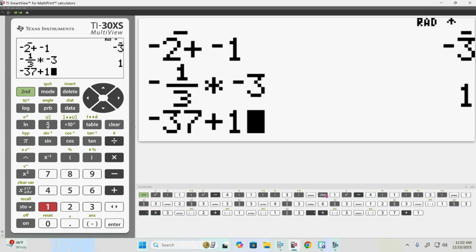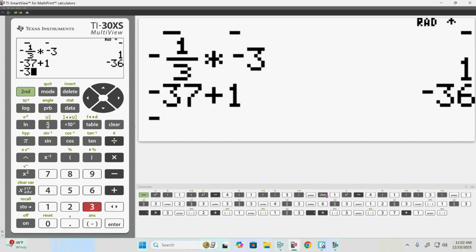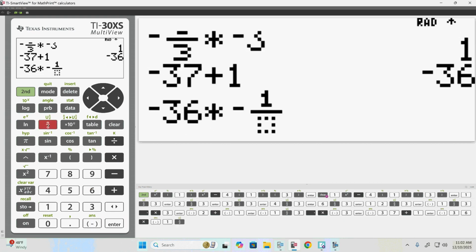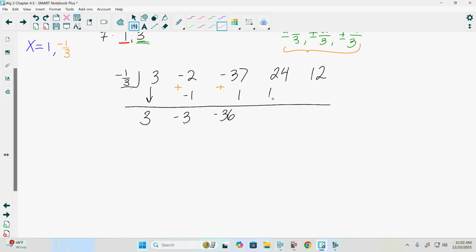And then we're going to multiply, since I'm already right here, negative 1/3 times negative 36 is 12. 24 plus 12 is 36. Negative 1/3 times 36 is negative 12. And negative 12 plus 12 is indeed 0.